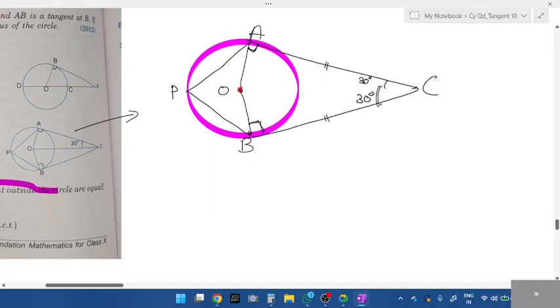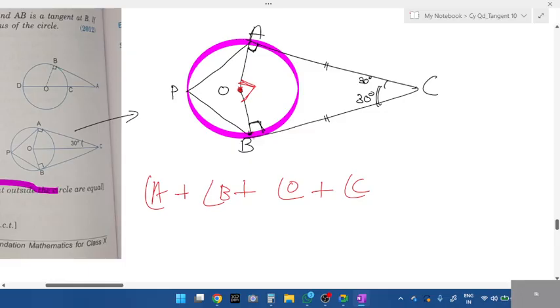According to quadrilateral, if that is 60 degrees, what will be this angle, students? Total 360, right? Angle A plus angle B plus angle O plus angle C.